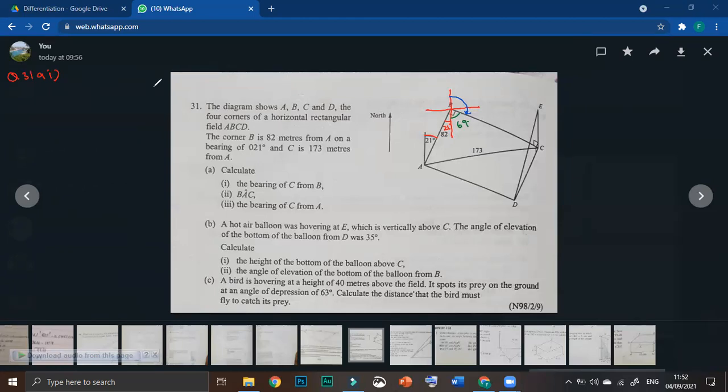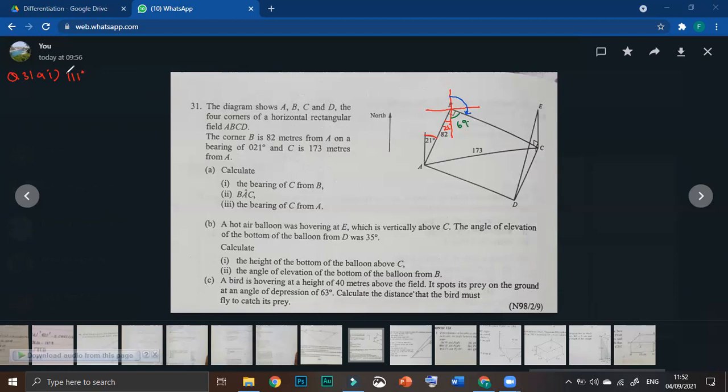What is this blue angle? 111. Okay. This one is 180 minus 69, 111.